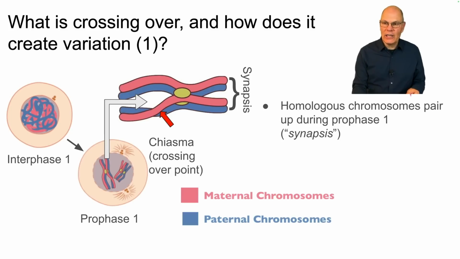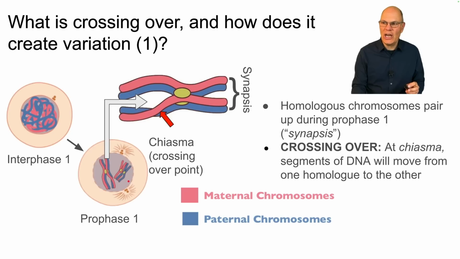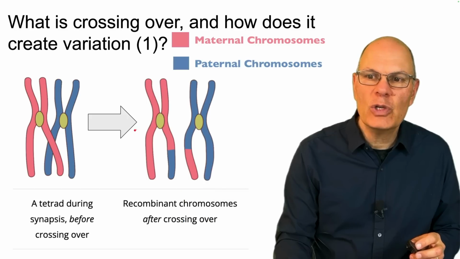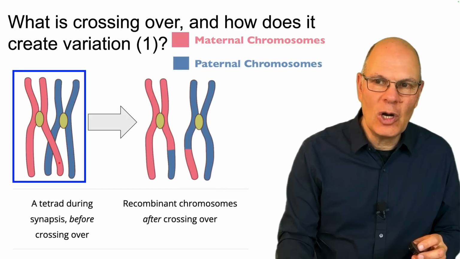When those homologous pairs pair up during prophase 1, they don't only embrace, they embrace in such an intense way that they actually exchange parts. So this embrace is called synapsis, and at a point called a chiasma, segments of DNA will move from one homolog to the other. The result is that you start like this.